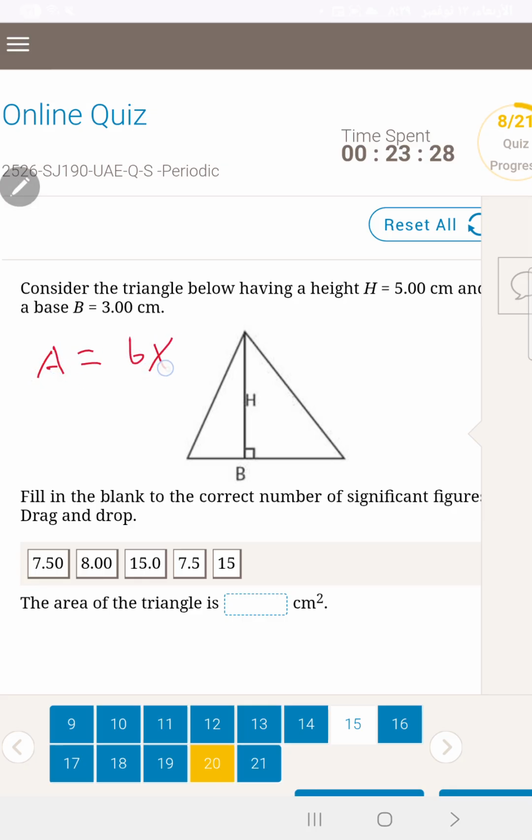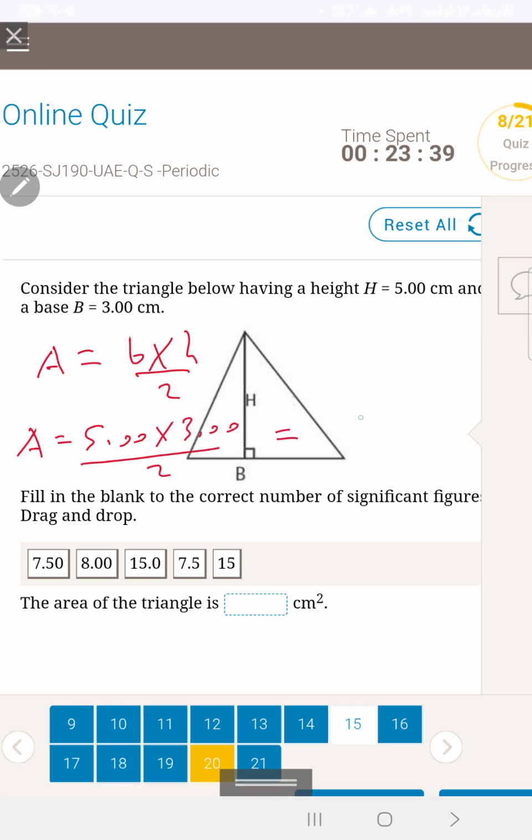Area is base times height over 2. So area is equal to 5.00 times base, which is 3.00, divided by 2. And that will be 15 divided by 2, which is 7.5. But our answer must be 3 significant figures. So we must choose 7.50.